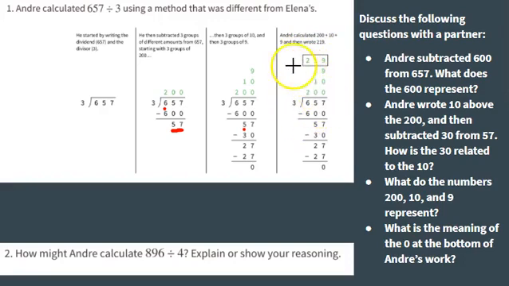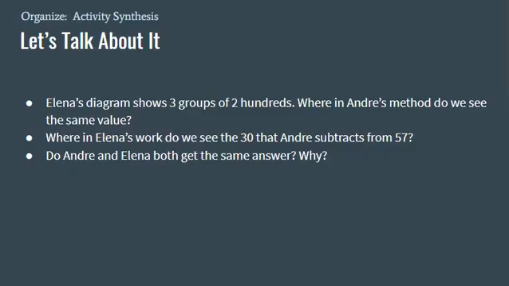So it's just a method to help you spread out the parts to make it a little bit simpler as far as focusing on the pieces as you go through. So back on Elena's diagram, she had 3 physical groups of 200s. On Andre's, what do we do to find the same value? Yeah, we used 600, and then we had just 200, right? So we were looking at the number as opposed to base 10 blocks.